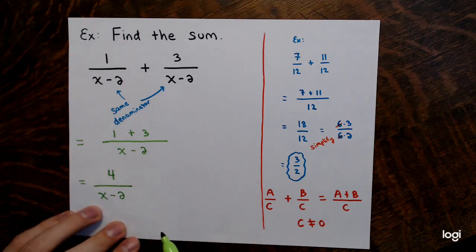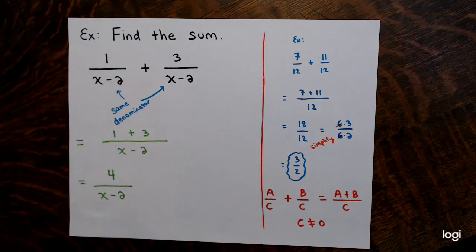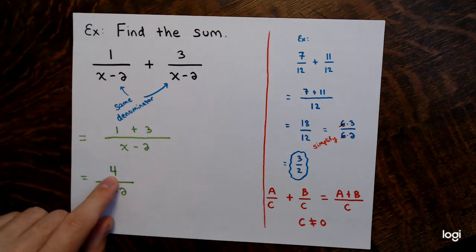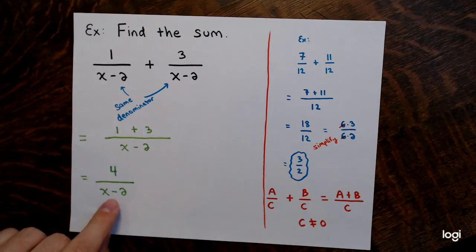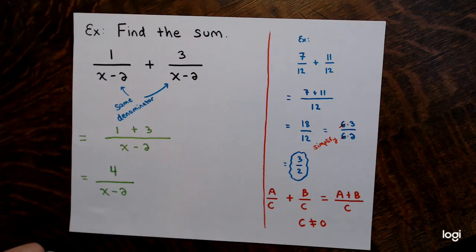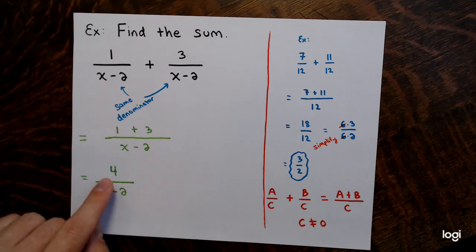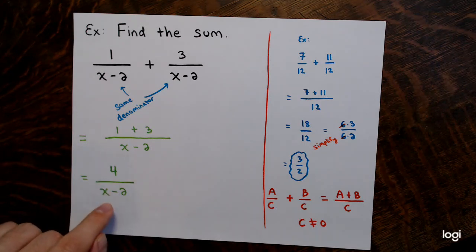And then we can ask ourselves, is this simplified? Well, 4 is 2 times 2 when you factor it, and then x minus 2 doesn't factor any further. So there's a factor of 2 and 2 up here, and only a factor of x minus 2 down here. So they don't have any common factors.